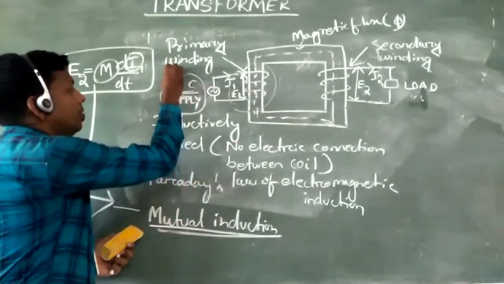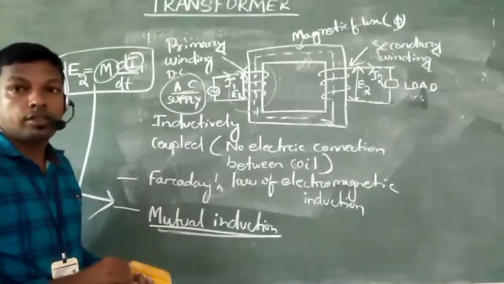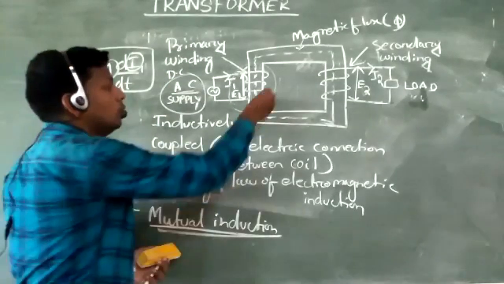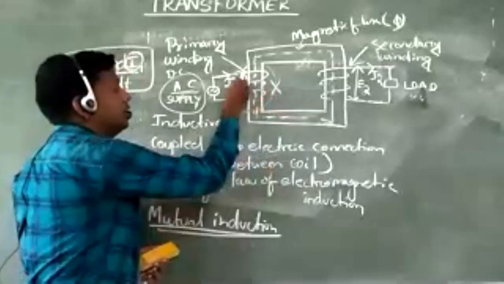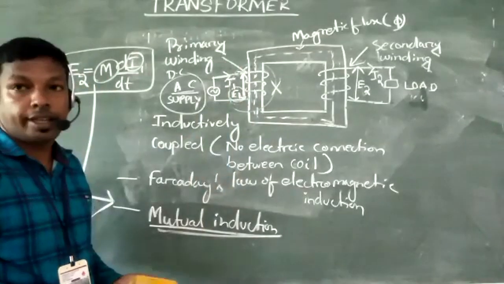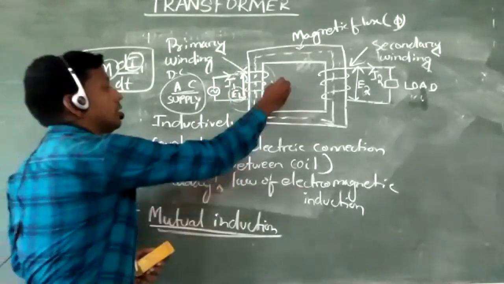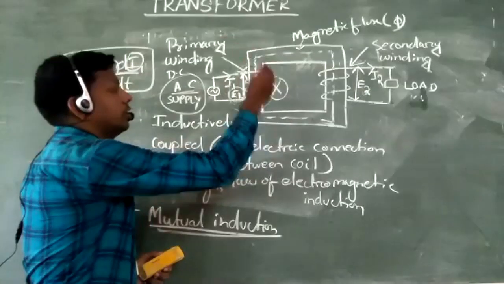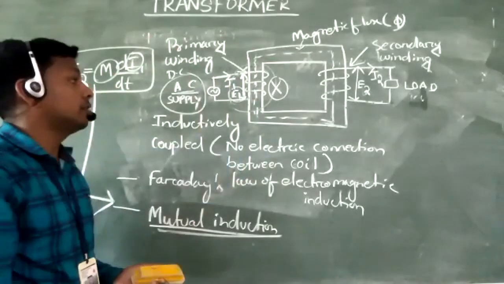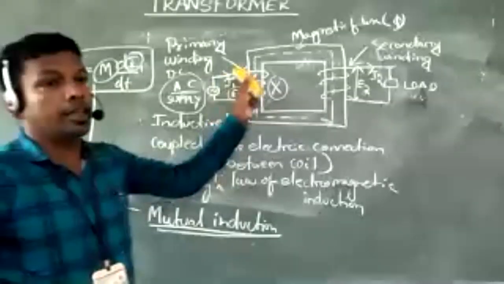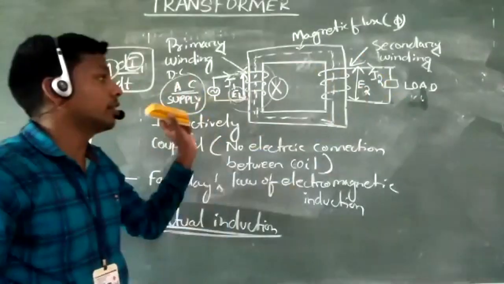If we provide DC, the flux remains constant, so no EMF is set up, and this EMF is also called the back EMF of the transformer. When flux is constant, this EMF is not set up, and no electrical energy is transferred from one circuit to another.